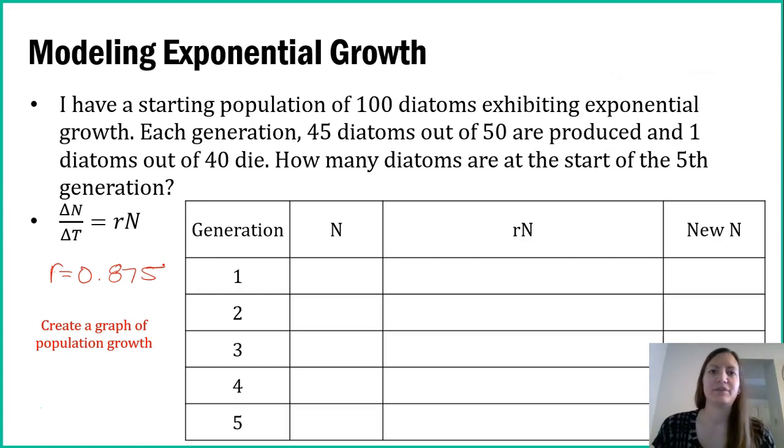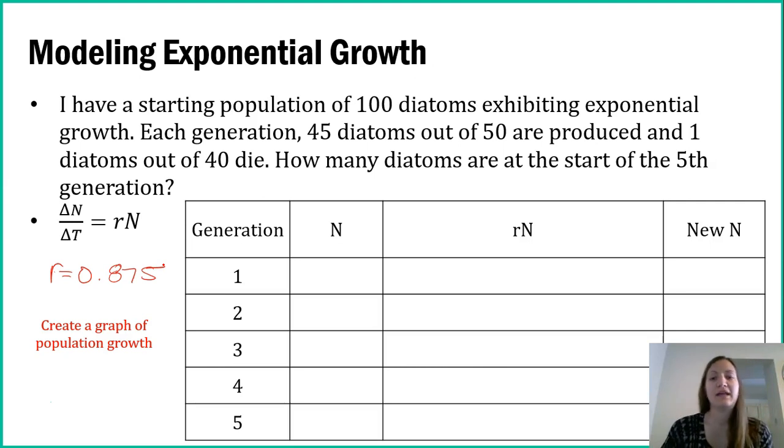After we do an example together, you might simplify your table a little bit, which is totally fine. So what you see here in this table is 5 generations. Again, there's no shortcut to just automatically solve for the 5th generation. You have to go generation by generation by generation.